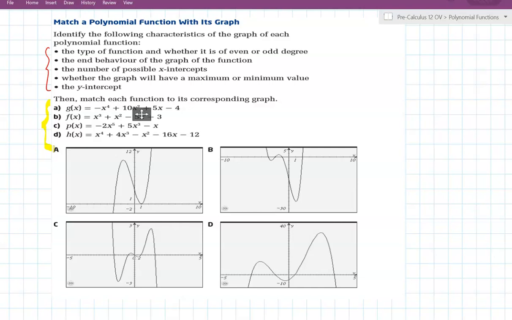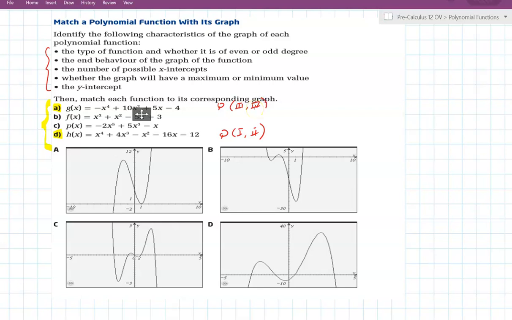Let's differentiate between equation A and equation D. They're both quartic functions, but one has a negative leading coefficient. That means the end behavior of the graph matters now. For a quartic function, power of 4, with a positive leading coefficient, the end behavior should be in quadrant 2 and quadrant 1, but the other one should be in quadrant 3 and quadrant 4, flipped over.